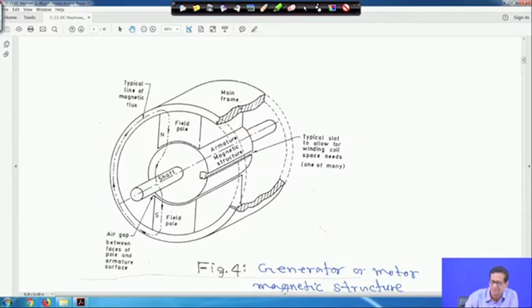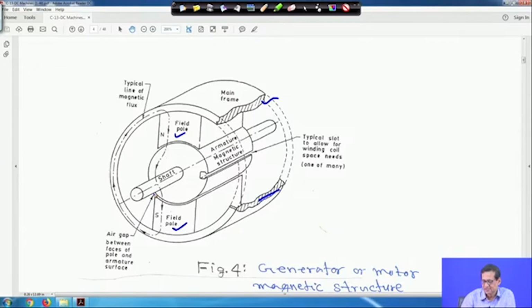This is the main frame, cut open, and this is a typical slot to allow space for the winding coil, one of many. This is the N pole and this is the S pole, the field. This is the flux path, and this is the air gap between the faces of the pole and the armature surface. So, the air gap is marked.